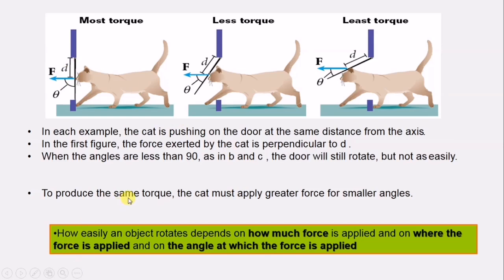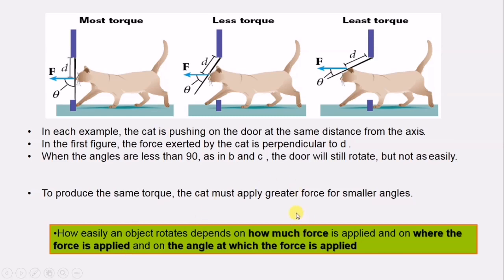Now, if we want the cat to produce the same rotation in these cases, the cat must exert here a larger force than here, and a larger force here than here and here. So the conclusion: the factors that affect the torque, what are they?